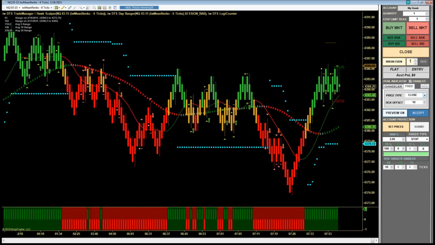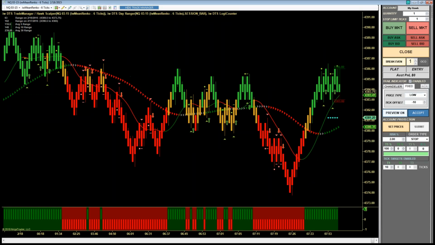The chandelier is great if you have a market that's trending really well, because you can see it's very slow to roll the stops. So maybe not the best one for the scalper. It might do a little better on something like the Falcon Swing Trader.